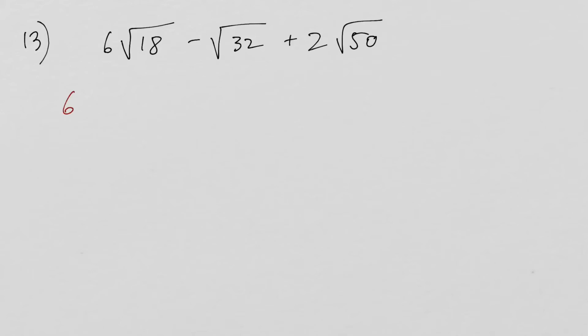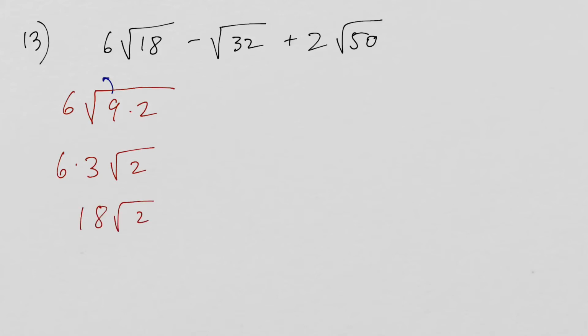Okay, here I'll write 6 times the square root of 9 times 2. So that when I take out the 9, it becomes a 3. And I have 6 times 3 times 2, which is 18 root 2. Okay, the 32 is 16 times 2. And when I take out the 16, it becomes a 4. And I have the root 2.